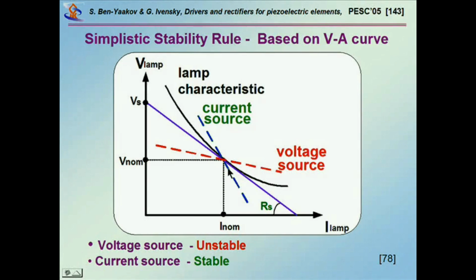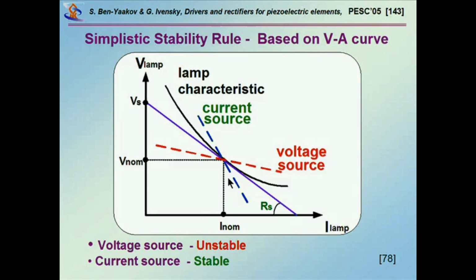On the other hand, if this is a current source, then the voltage across it becomes smaller, and the smaller voltage will decrease the current of the lamp. So this is a classical explanation, but it's wrong. The reason is that we are dealing here not with DC pure resistances.